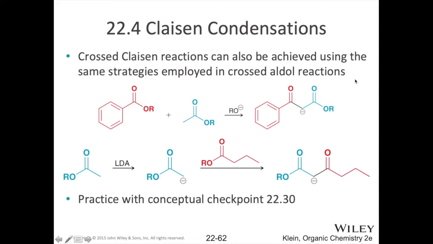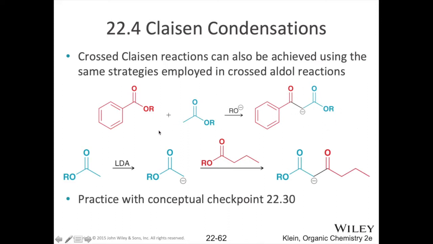Now, because we've seen with our crossed aldol reactions that we might get too many different variations and therefore get lower yields of the type that we want, it might be helpful to selectively choose reactants that have only one molecule acting as the nucleophile. So for example, here, notice there are no alpha protons to deprotonate. So this molecule can't act as your nucleophile. It has to be this molecule that gets deprotonated here and then attacks that carbonyl. And that's what we see here.